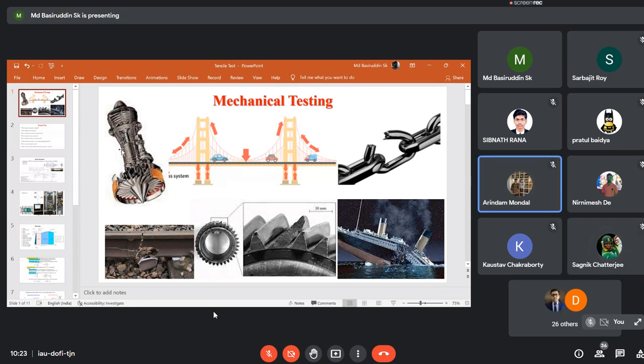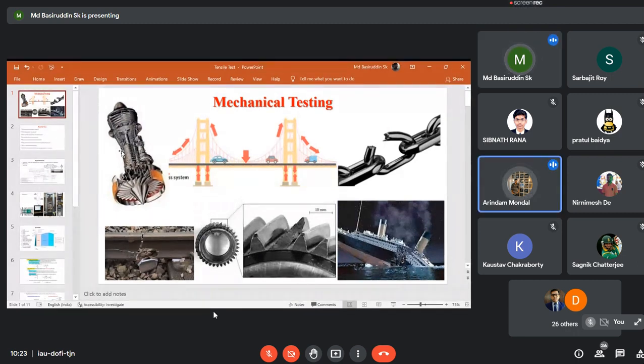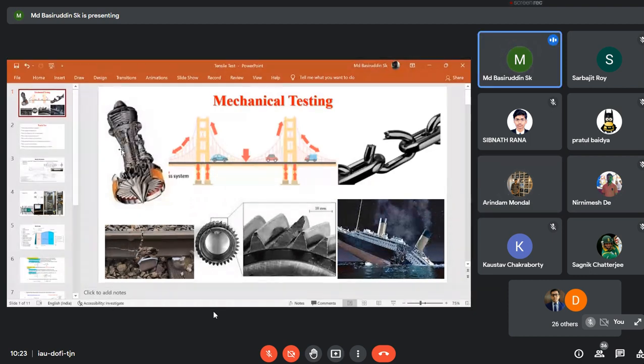Suspension bridge. So what kind of loads can that bridge experience? Dead load, live load, wind load, seismic load. Okay. Now, on a rough scale, which we generally know from mechanical testing courses, in certain cases here I have shown you what kind of load?